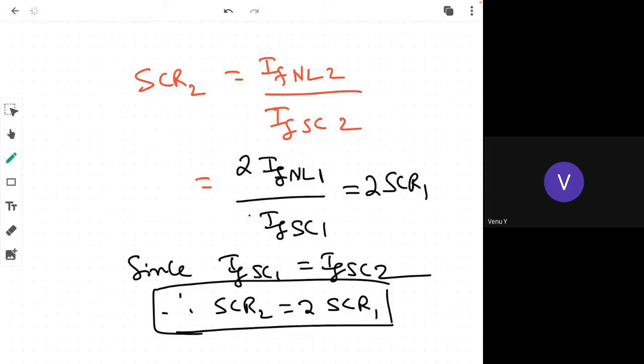Therefore, it requires a greater cross-sectional area of the field winding and hence greater field copper wire.